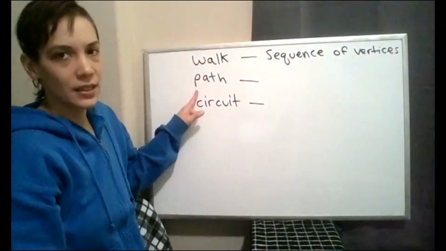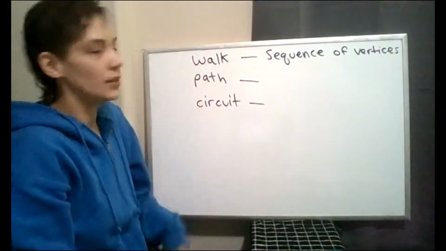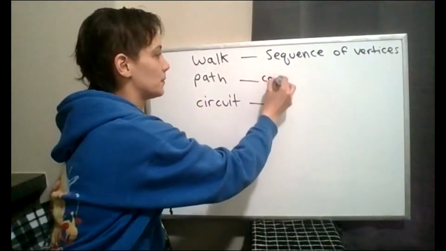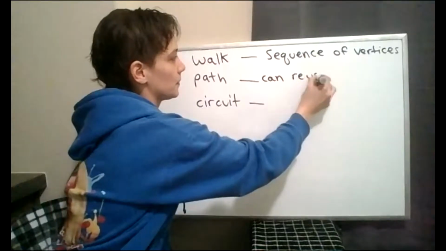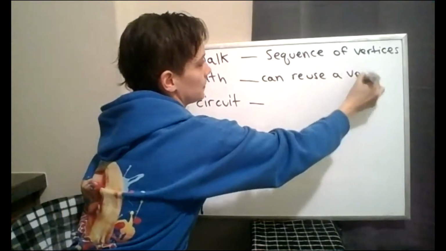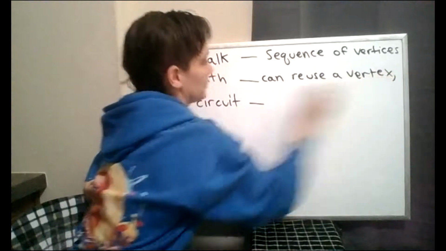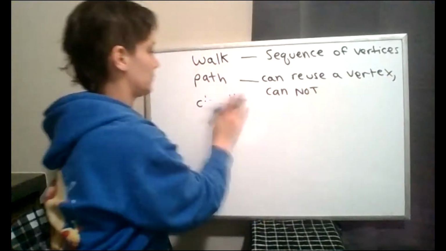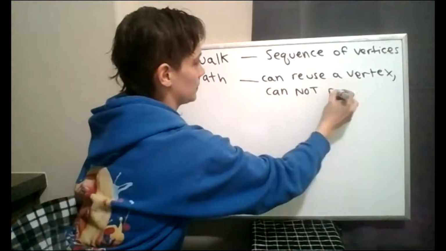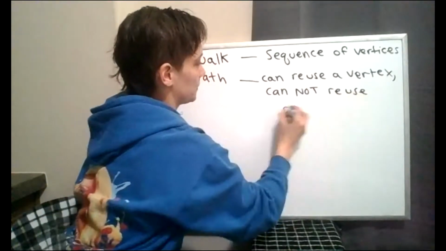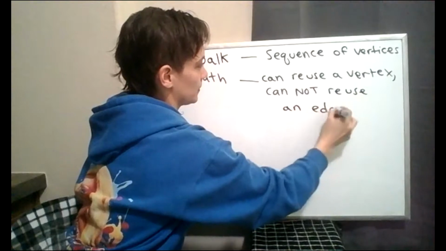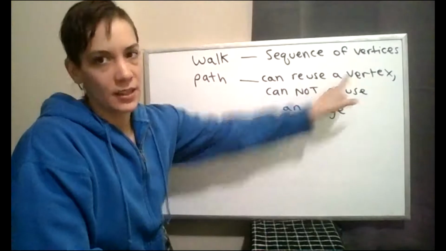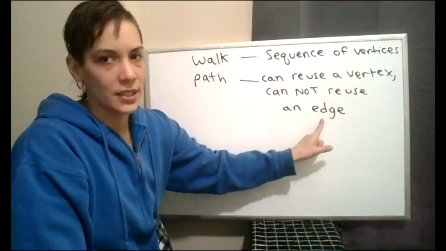In a path, you can't reuse an edge. You can reuse a vertex, but can't reuse an edge. And also just a reminder, the vertices are the dots and the edges are the lines or the connections.